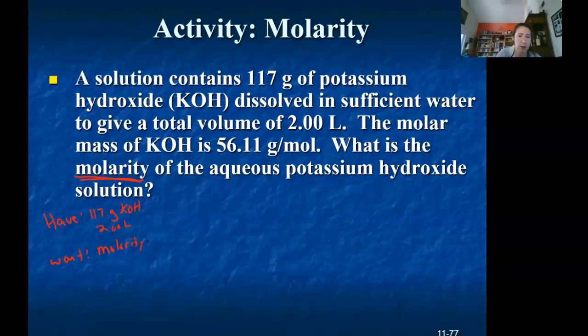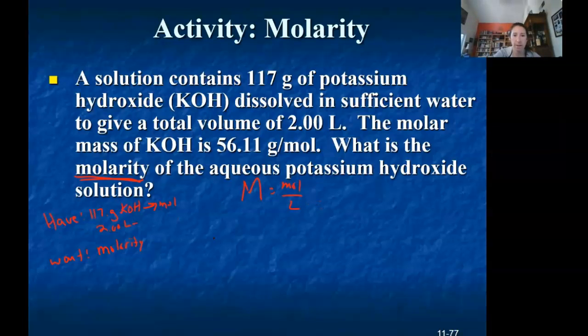Molarity. So if you look at your paper, you'd be like, oh, molarity, that's big M. Big M means moles over liters. Then you look over here and you're like, oh, I have grams. I can just convert grams to moles. That's easy, right? That's just molar mass. And then I already have liters, so I can just plug those both in.